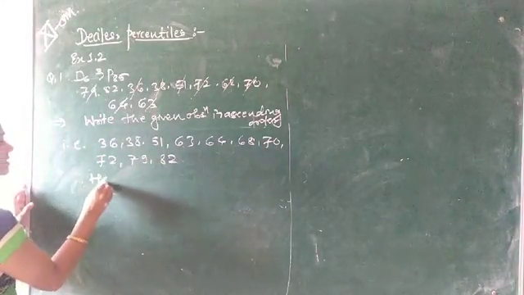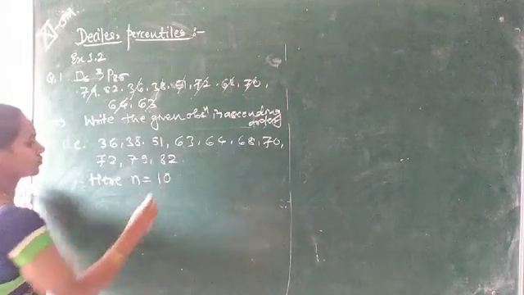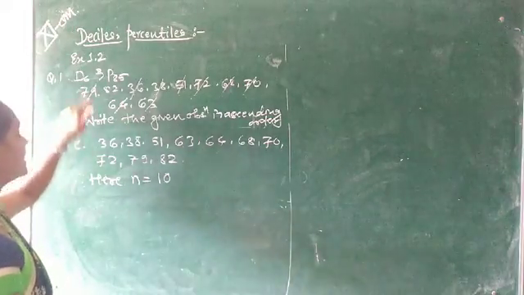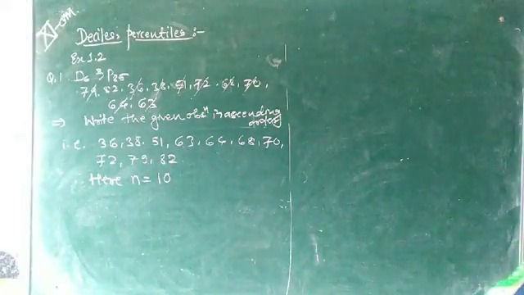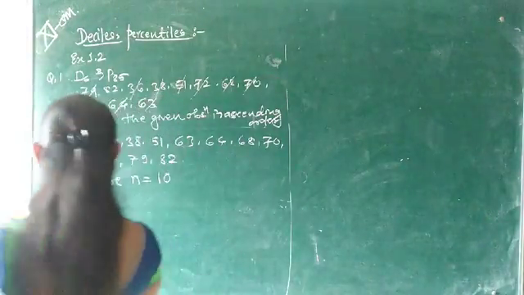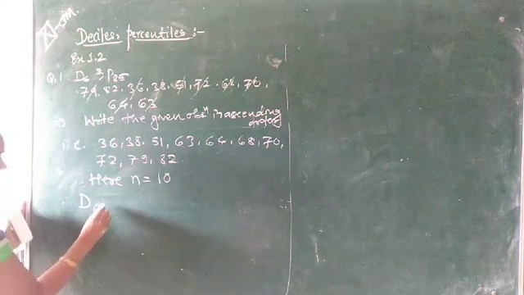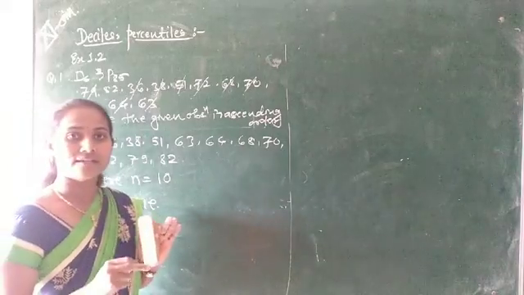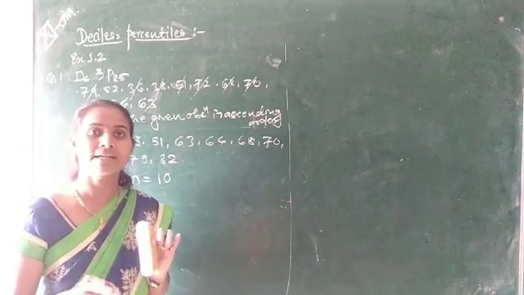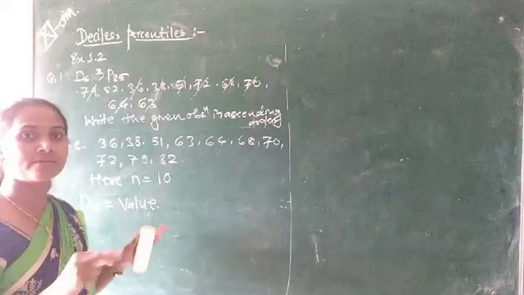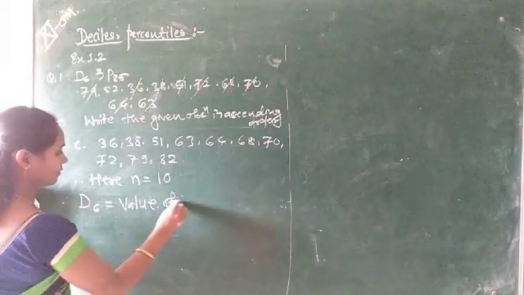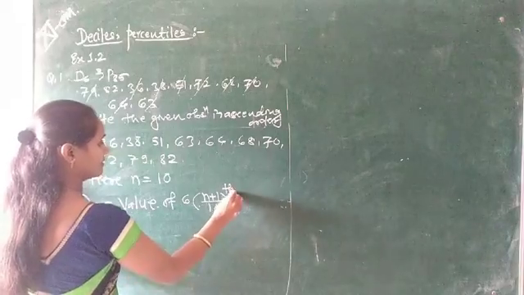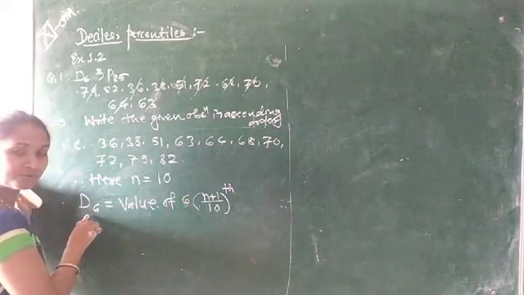Therefore, here n is equal to 10. N means total number of observations. First you have to find the value of D6. What is the formula for Di? Value of i into n plus 1 divided by 10th observation. For deciles we divide by 10. Value of 6 into n plus 1 divided by 10, because we have to find the 6th decile.